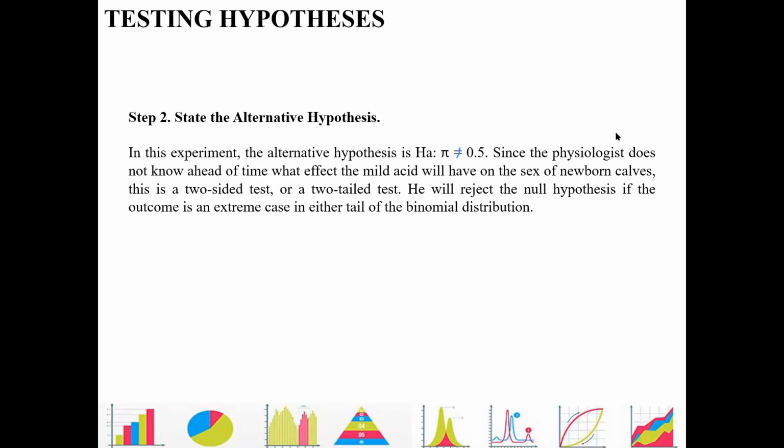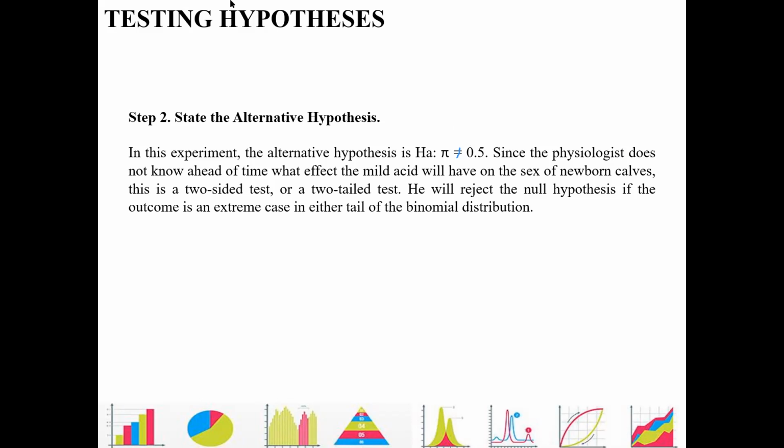Pero kung halimbawa na-proven na yung acid na yon na mas tataas ang percentage ng newborn na female kaysa sa male, then magiging one-tailed test na tayo.